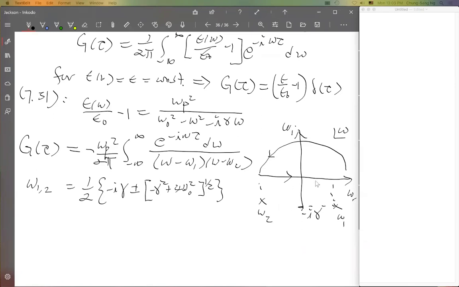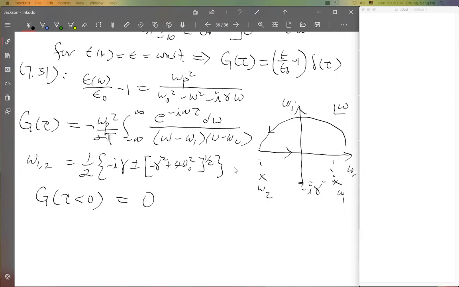So for tau smaller than 0, G will be 0. The first consequence is G of tau smaller than 0 is exactly 0. That's the consequence of this model of the dielectric constant with the two poles on the lower half of the complex omega plane.